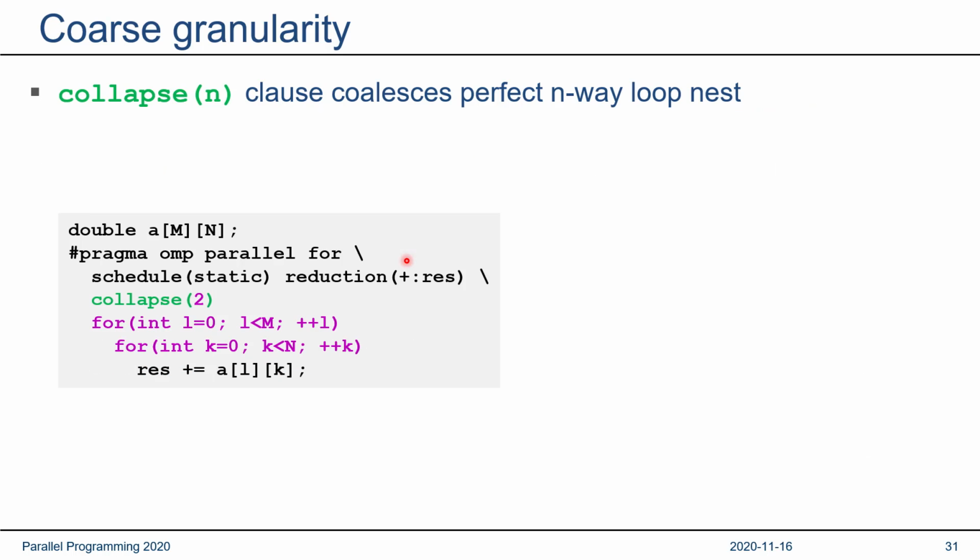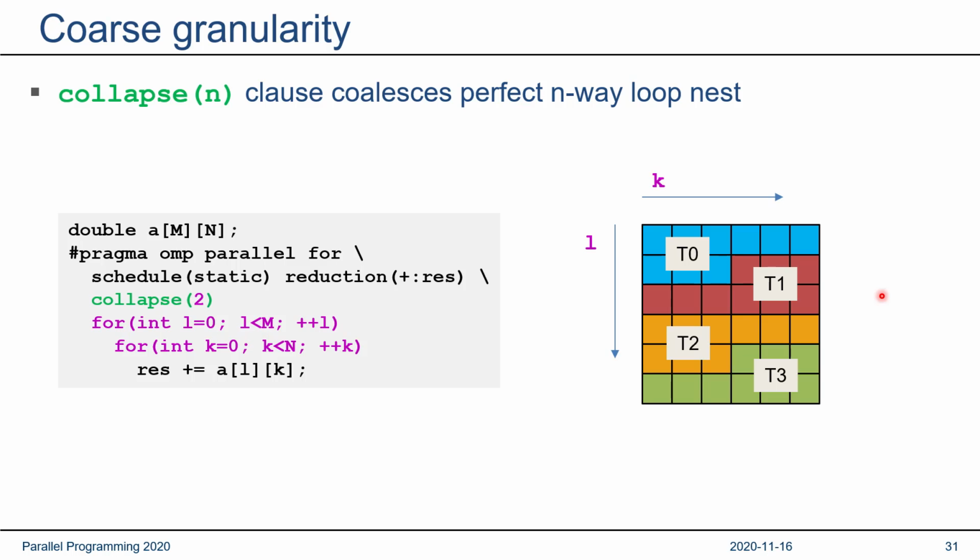And this is exactly what the collapse clause can do. The collapse clause has an argument integer n, and coalesces perfect n-way loop nests. So the basic code is actually exactly the same, but I'm adding the collapse clause here to the parallel for construct. And what it does is it takes the next n, in this case 2, specified loop levels, and coalesces them into one big loop.